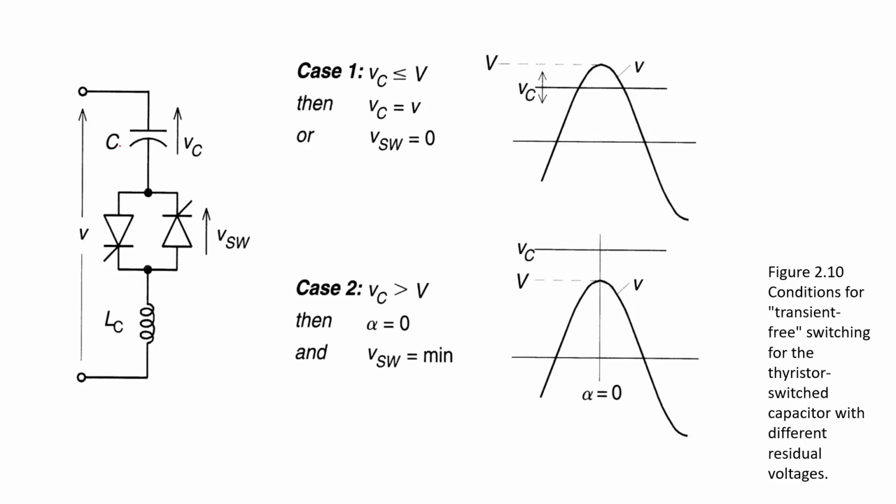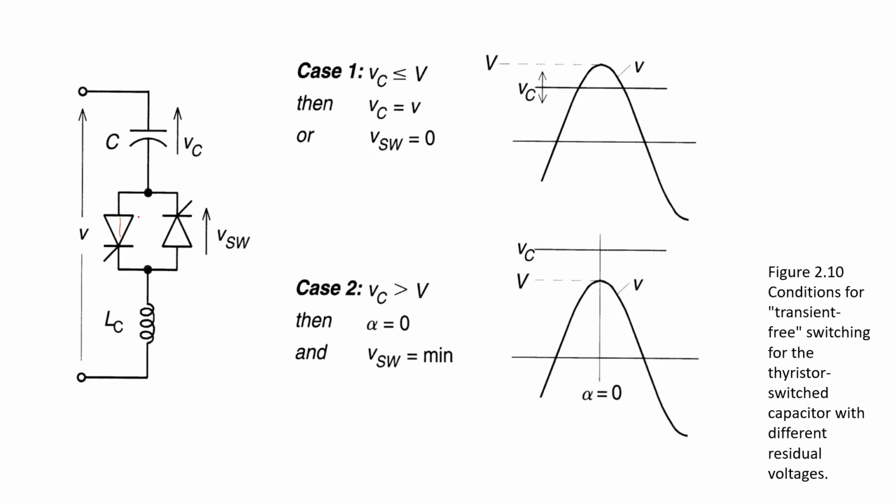So when the switch is on, means the thyristors are conducting, the voltage across the capacitor is equal to the voltage across the system, and it is charged. Either it is going to charge in the positive half cycle or in the negative half cycle.